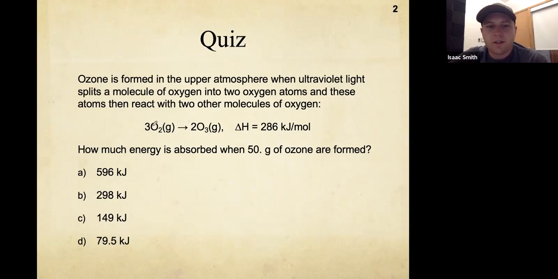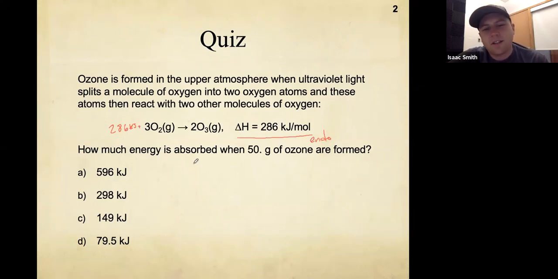A balanced chemical equation would have 3 oxygen molecules form 2 ozone molecules, and we have a delta H of a positive 286. A positive delta H indicates an endothermic reaction, and because it's endothermic, heat is actually going into the reaction, so it's a reactant.